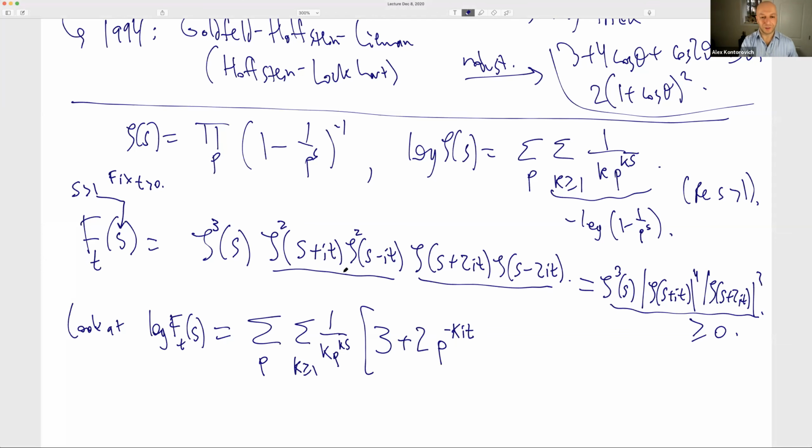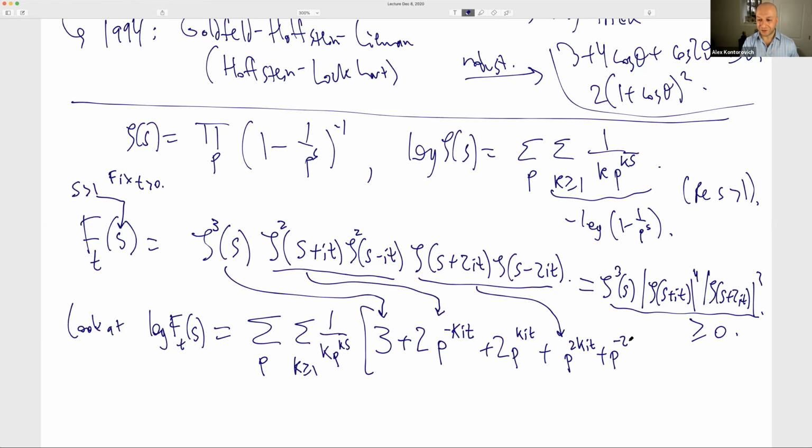Does everybody see how this term corresponds to this contribution? And the next term gives me a 2 p to the plus kit. And the next term gives me a p to the 2kit. And the last term gives me a p to the minus 2kit. Does everybody buy that?